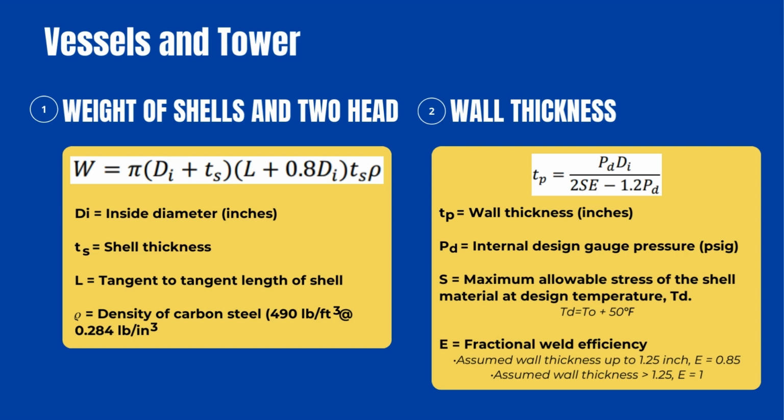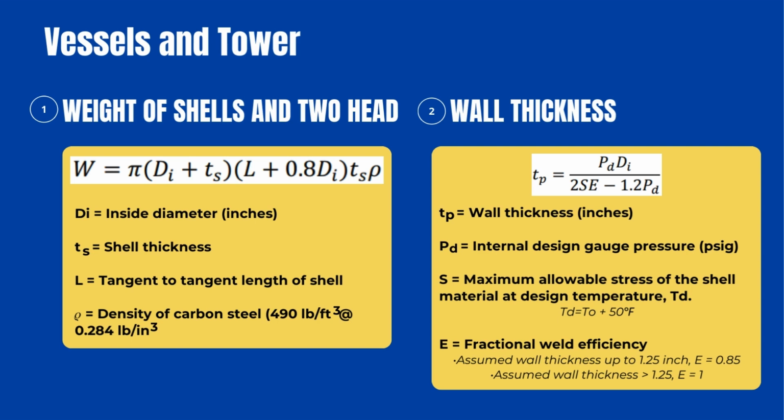Wall thickness, labeled as TP, is computed from the ASME pressure vessel code formula, where PD is internal design gauge pressure, S is maximum allowable stress of shell material at design temperature, and E is fractional weld efficiency. For wall thickness up to 1.25 inch, a value of 0.85 is used.